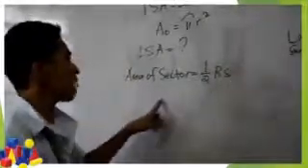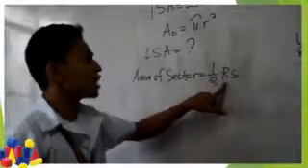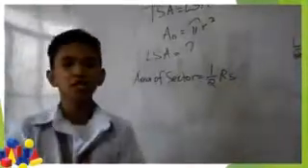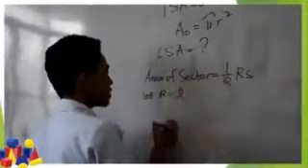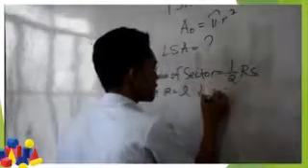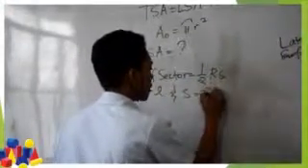By using this formula, change the radius to the slant height and the s to the circumference of the circular base. So let r be equal to the slant height and s be equal to the circumference, which is 2 pi r.